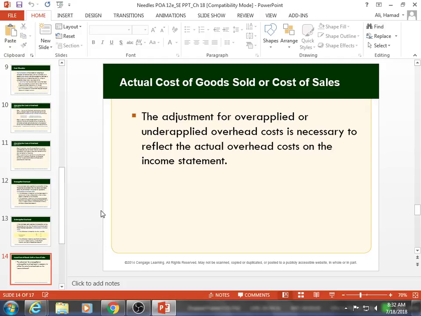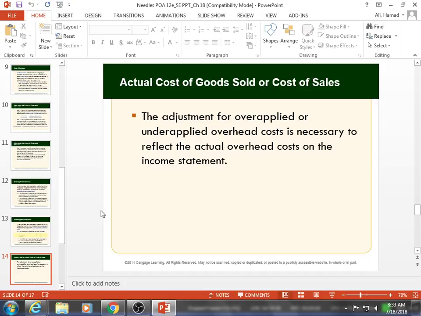The adjustments for over applied or under applied overhead cost are necessary to reflect the actual overhead cost on the income statement. So you have to do the reconciliation. It's very, very important, especially if it's material. Because if you overestimated your overhead, it's going to affect your revenues, because you actually have too much costs.